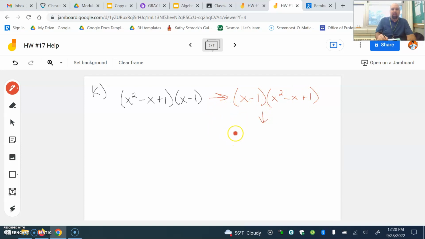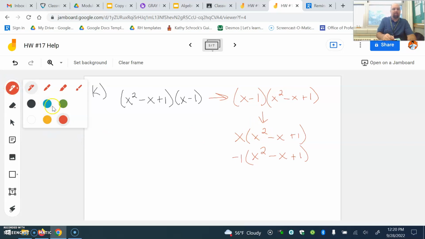And by that, I'm going to do x times all of that trinomial. And I'm going to do -1 times all of that trinomial. Let's hope I didn't make any copying errors. Okay, let's work through this.